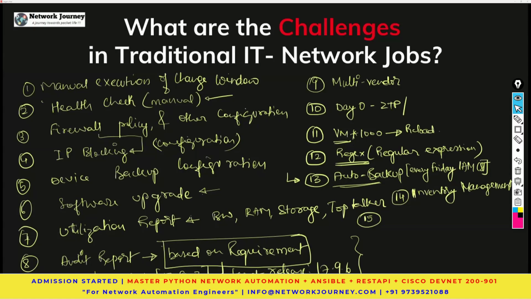One more thing I want to add: automation is irrespective of vendor. That means it has multi-vendor capability. You can run almost the same script on every device or every hardware family.